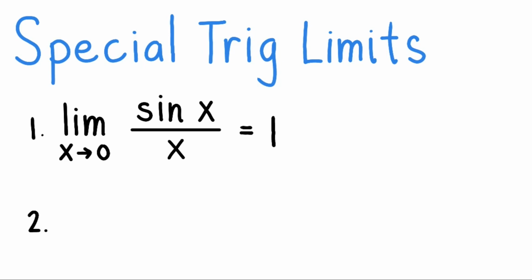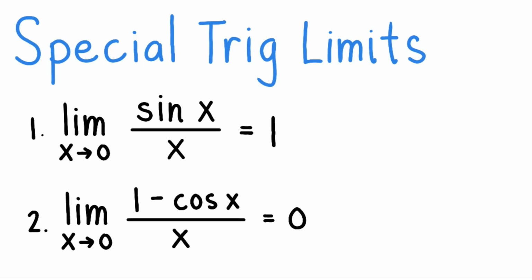And the second, in this video, is the limit of 1 minus cosine x all over x as x approaches 0 is 0. So the nice thing about these two is that these would be helpful in proving certain limits involving trigonometric functions in future videos, probably in the next one.